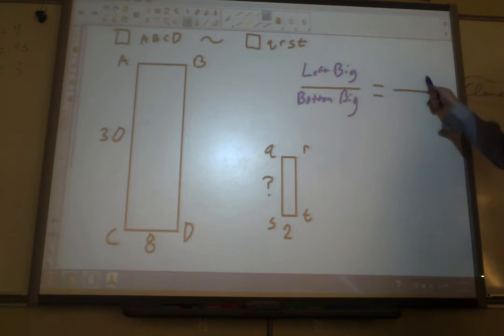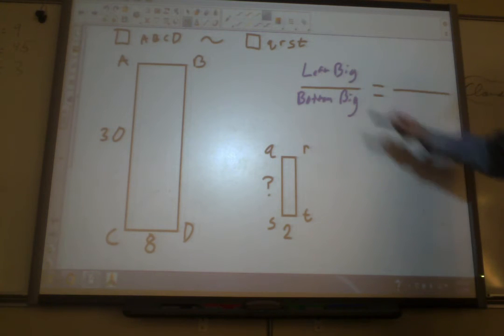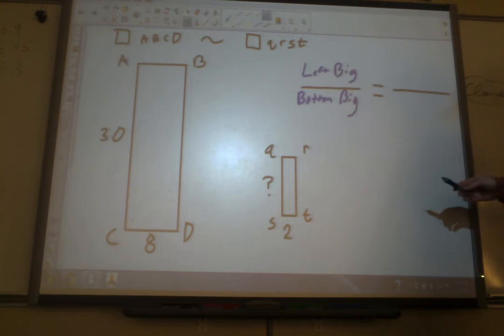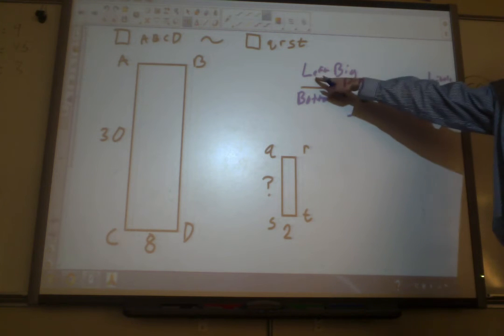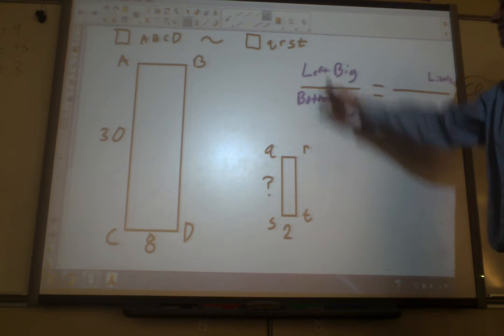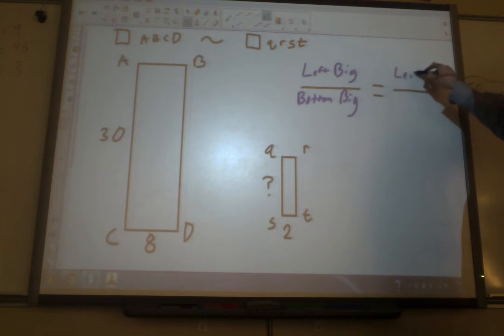Okay, moving over to this side, the number that we put here has got to match this also in one way. So we've got the little shape here. It doesn't match with big, so it has to match in another way. Well, what's the only other way it can match? It's the left side, so left side of the little rectangle.